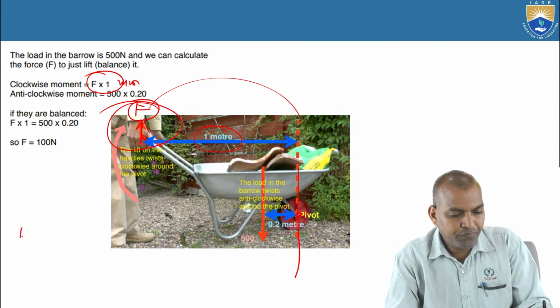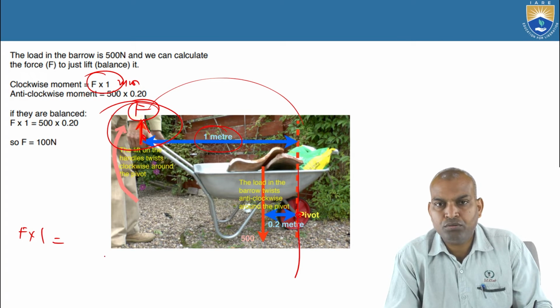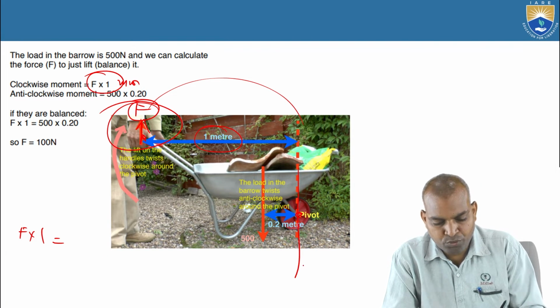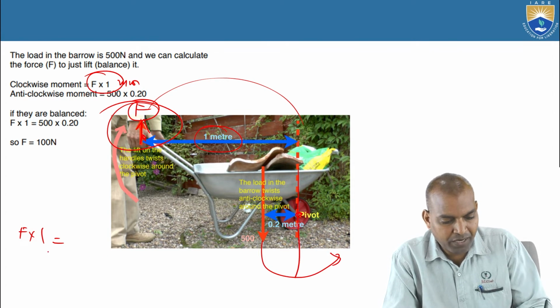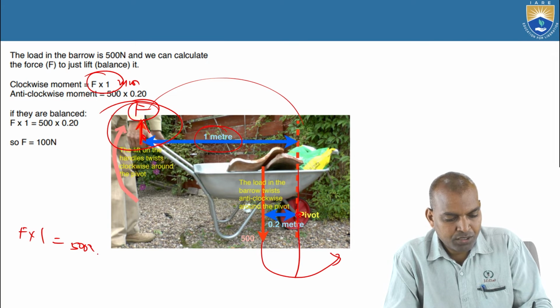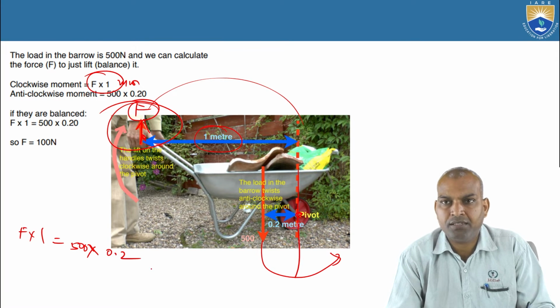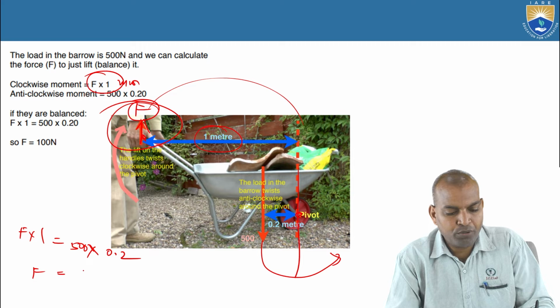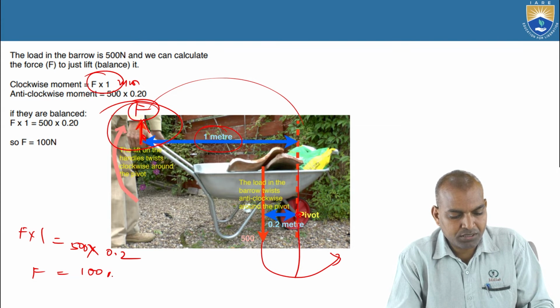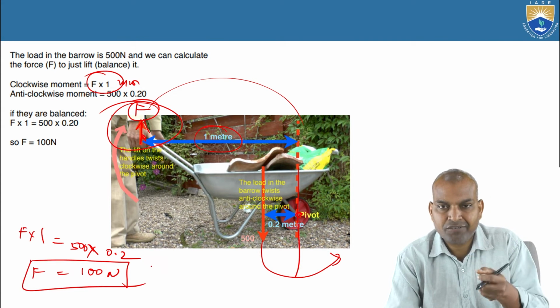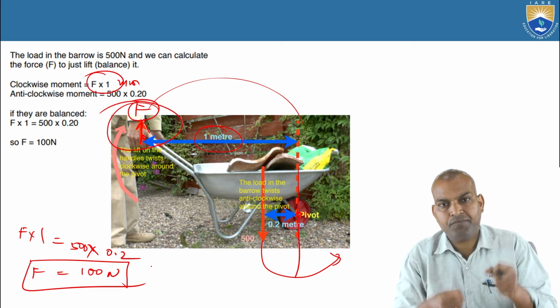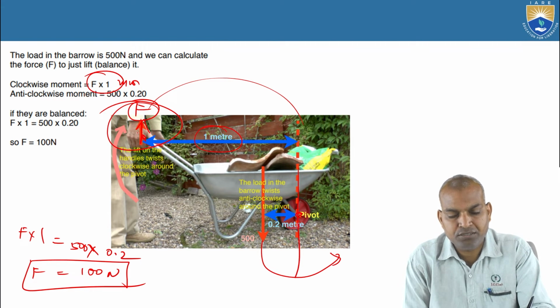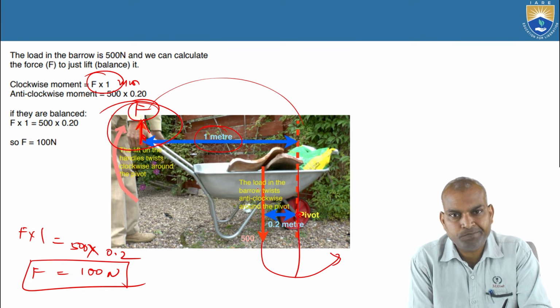That equals the anti-clockwise moment, which is 500 newtons times 0.2 meter. Then F equals how much? That is 100 newtons. 100 newtons is required to lift the load which is in the barrow.